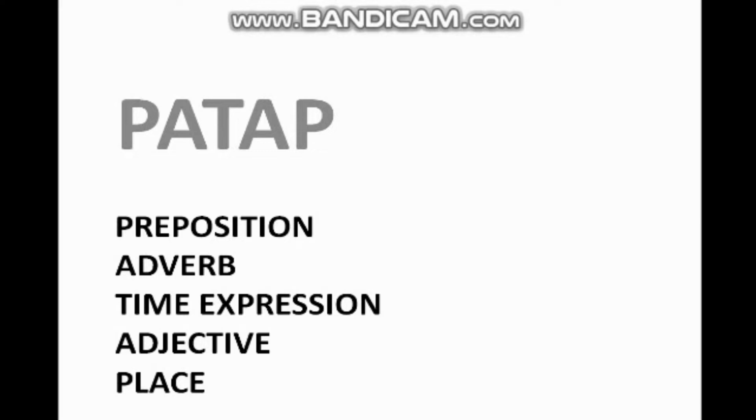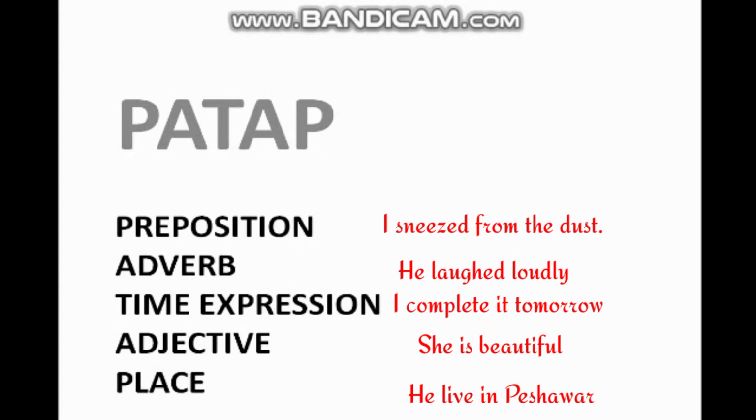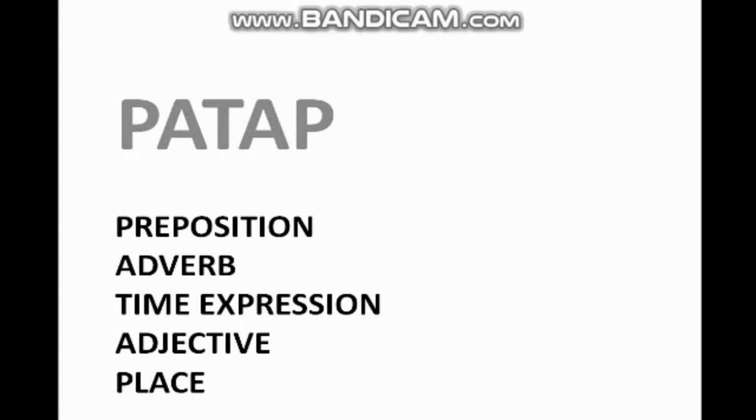How do we get to know that these are intransitive verbs? We have a simple formula: PATAP. P means preposition, A means adverb, T means time expression, A means adjective and P means place. When these are used after a verb, it might be an intransitive verb.